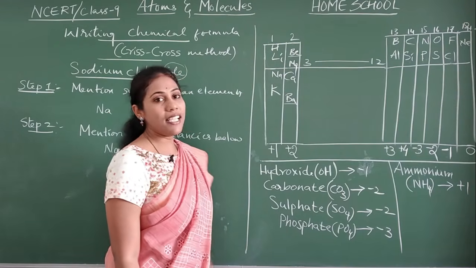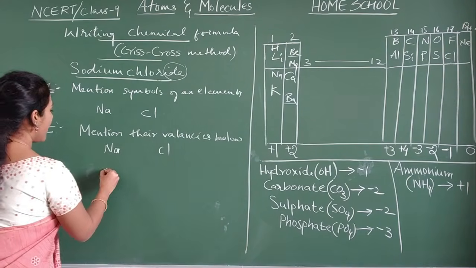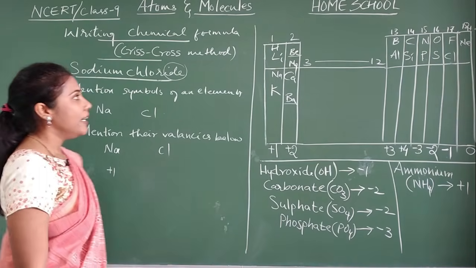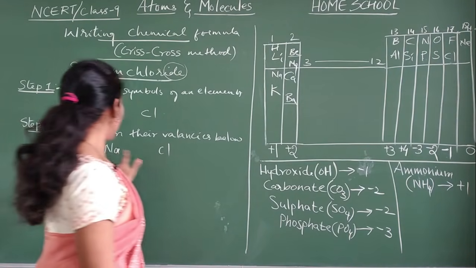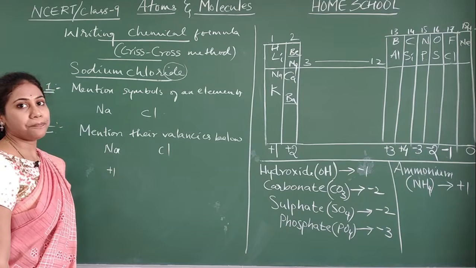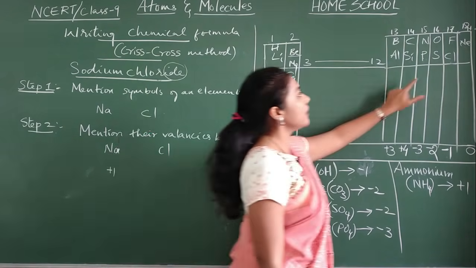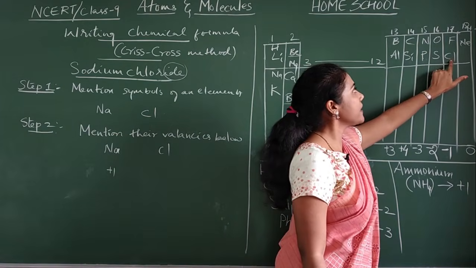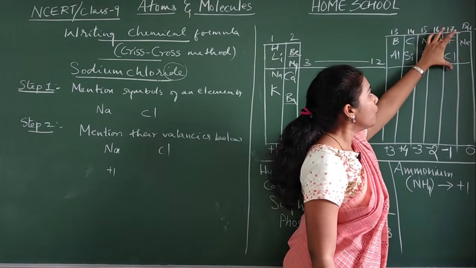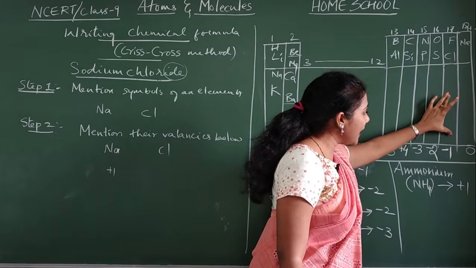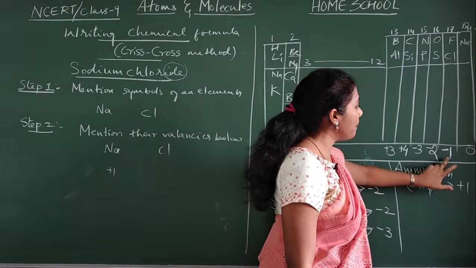So what is the valency? +1. And coming to the other element, Cl. Where is this Cl? Here. Did you observe? Cl is here, 17th group. What is the valency of the elements that come in this group?